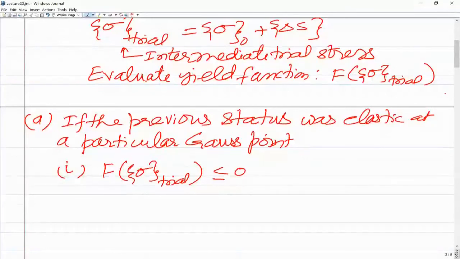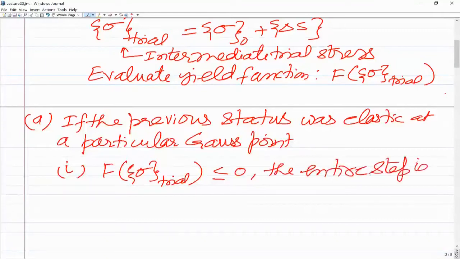So this means that from the previous step to the current step, the entire step is actually elastic. So then the trial stress is a correct stress increment. The entire step is elastic.